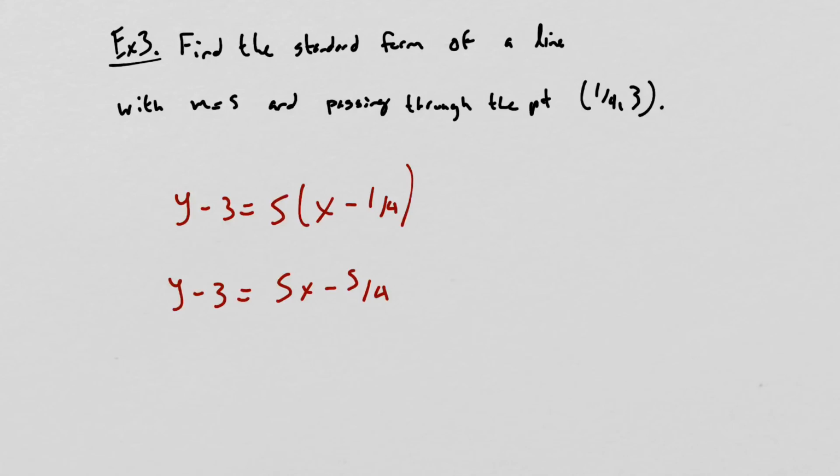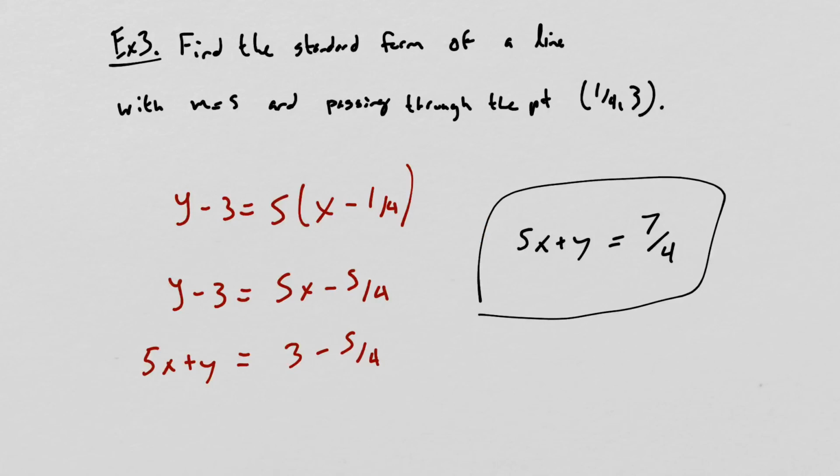So subtract 5x from both sides, we'll get 5x plus y, and then add 3 to both sides. We'll get 3 minus 5 divided by 4. Simplifying the right-hand side, we should get that this is going to be 7 divided by 4 on one side, and on the left-hand side we'll get 5x plus y. And so this is going to be the equation of our line in standard form.